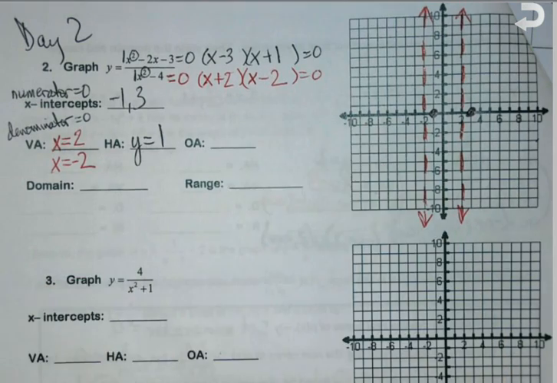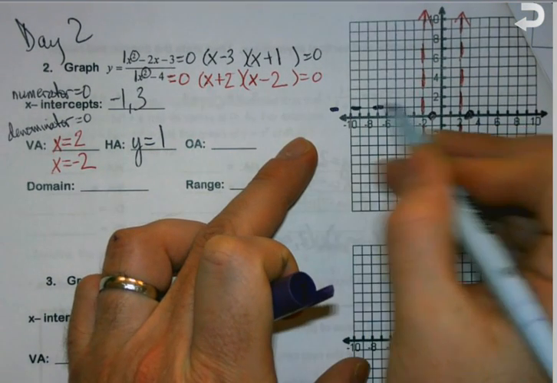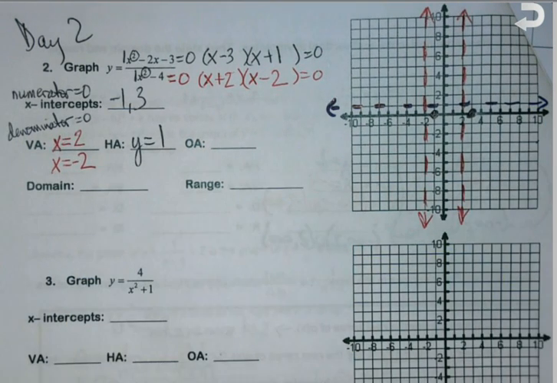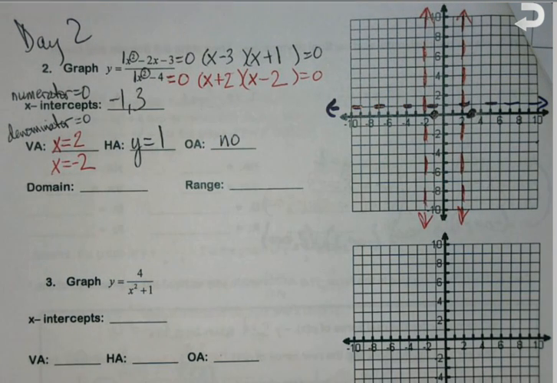So I have a horizontal asymptote at y equals 1. And when I have a horizontal asymptote, I won't have an oblique. We'll get to the obliques soon.